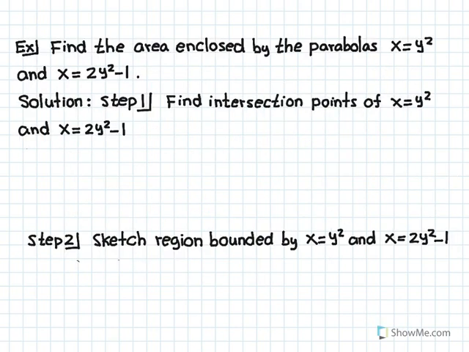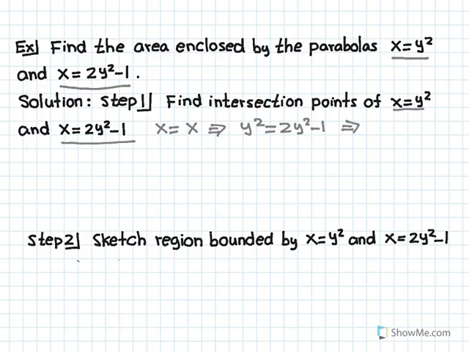All right, so here's an example. Find the area enclosed by the parabolas x equals y squared and x equals 2y squared minus 1. So the first step is finding the intersection points of x equals y squared and x equals 2y squared minus 1. To do that, we're going to let x be equal to x. So we get y squared is equal to 2y squared minus 1.